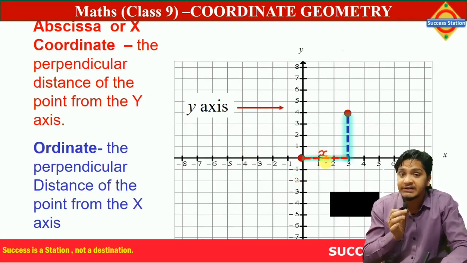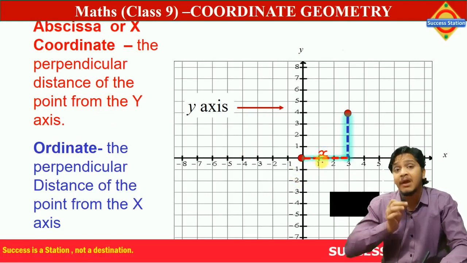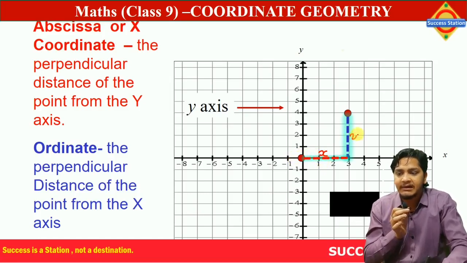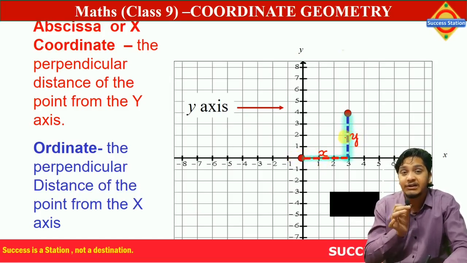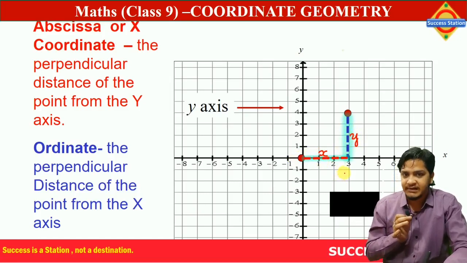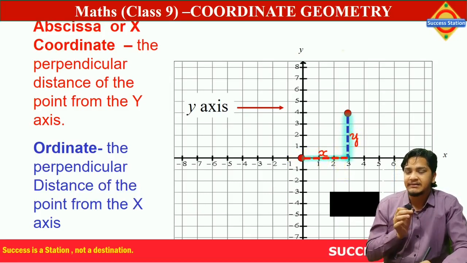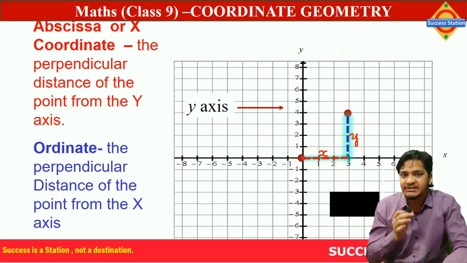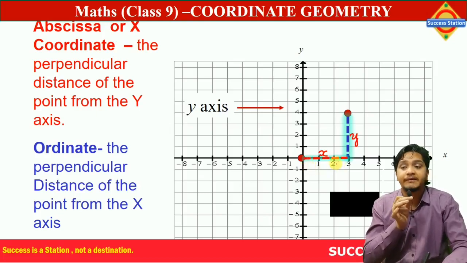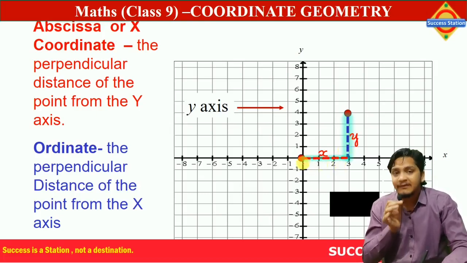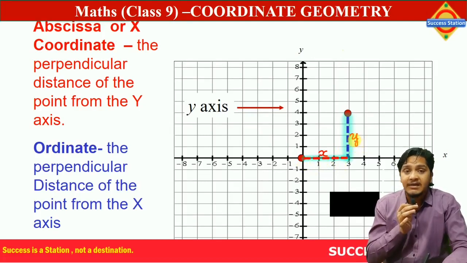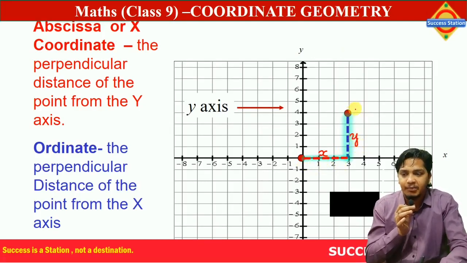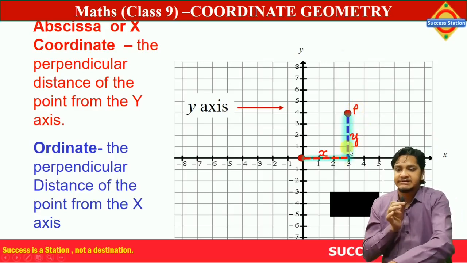It is the horizontal distance and it is the perpendicular distance from the y-axis. And y is the perpendicular distance from the x-axis. X or abscissa is the perpendicular distance of the point from the y-axis, and y or ordinate is the perpendicular distance of the point from the x-axis.